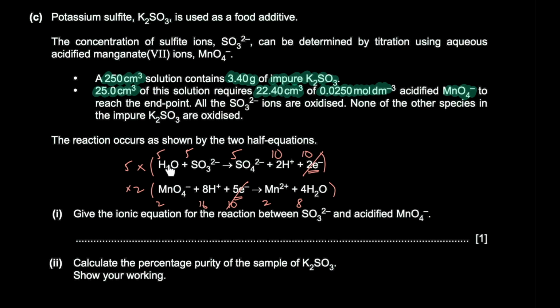We have 5H2O on the left, we have 8H2O on the right. So we're going to have 3H2O on the product side, because the net is 5 and then we have 8, so we have 3 more on the right hand side. On the left we have 5SO3 2 minus and 2MnO4 minus.